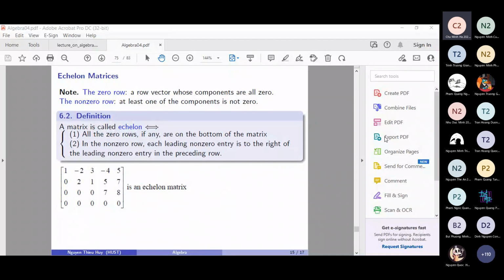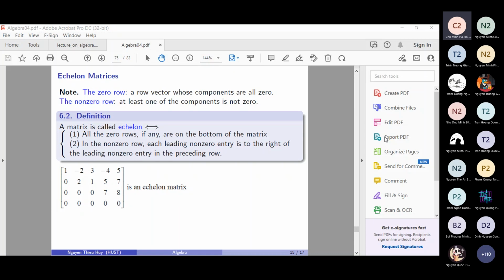Is an upper triangular matrix echelon? Tell me. There are two choices, yes or no. Yes or no? Yes. Is there any other answer? No, sir. No. Good. True.